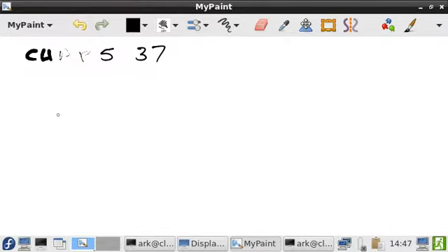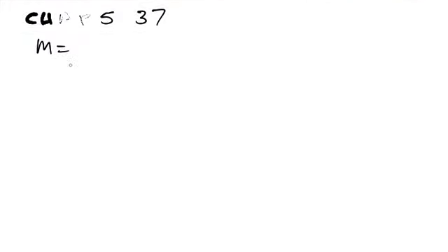So this question states that there is a spring scale that is reading the weight of a 54 kilogram woman. So 54 kilogram is the mass of the woman in an elevator.